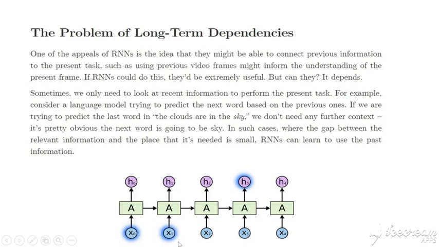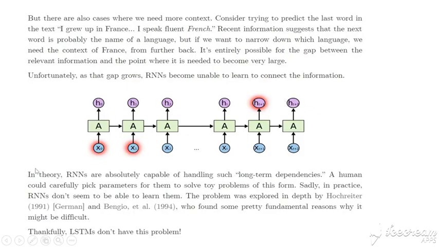Suppose X0 and X1 are outputting the clouds, so H3 would give sky, whereas in this case your successive output is remembered, and the gap over here is the gap between two sentences.